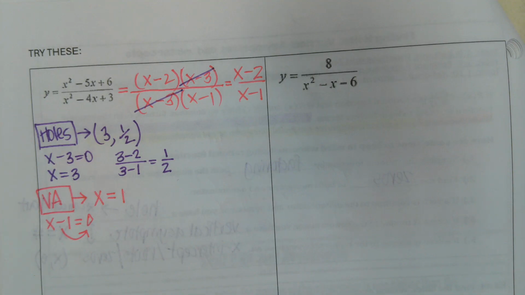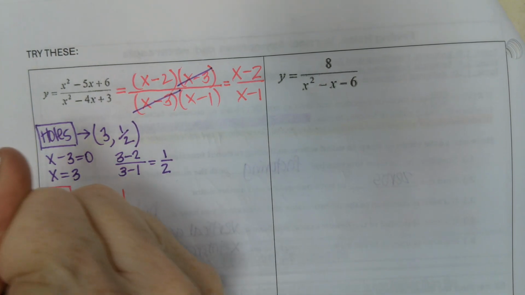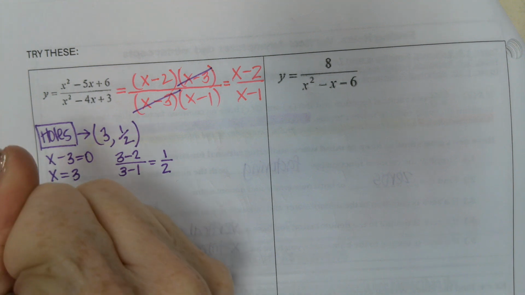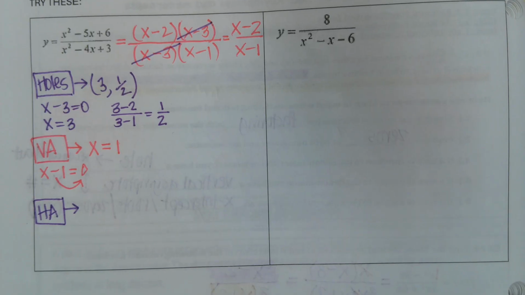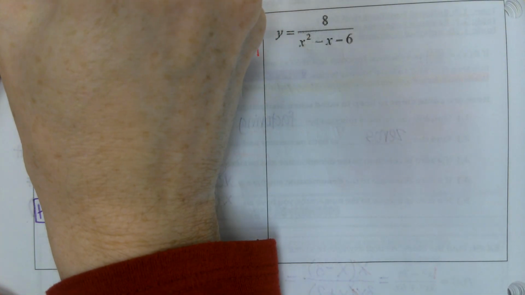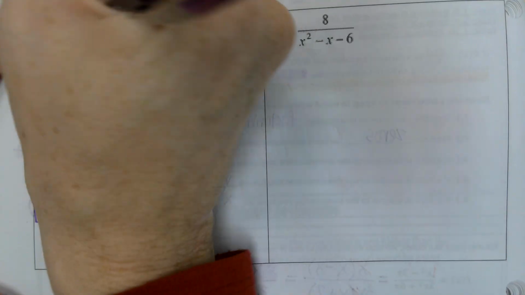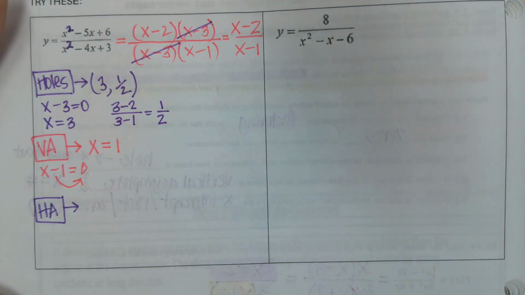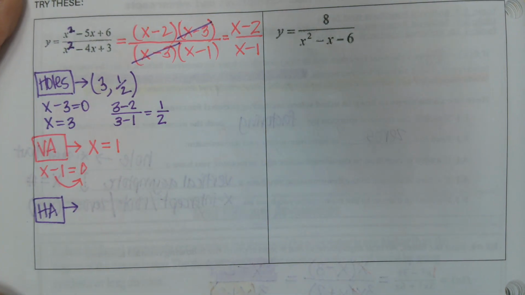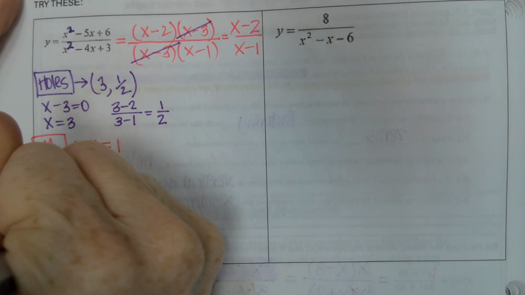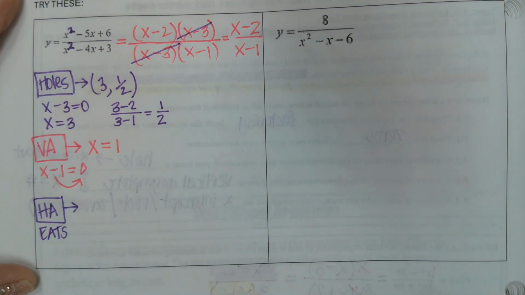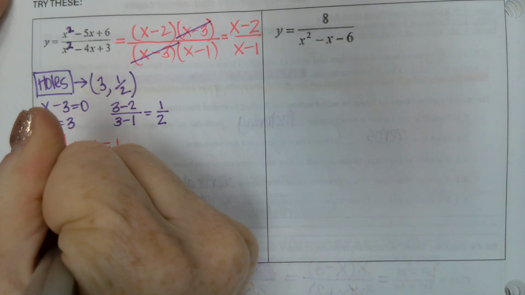Then I want to talk about the horizontal asymptote. The horizontal asymptote comes from looking at the exponents. Right here, I have a highest exponent of 2 in the numerator and a highest exponent of 2 in the denominator. If my exponents are the same, what will I do?